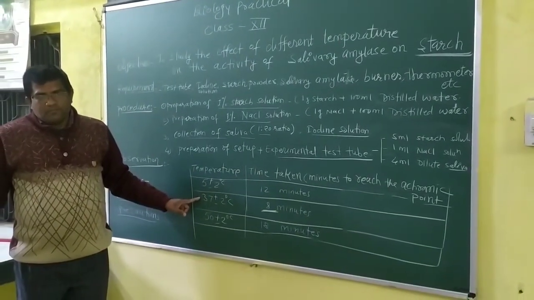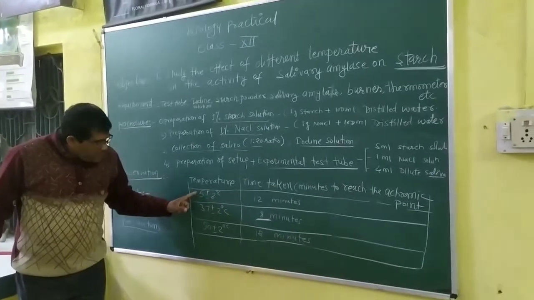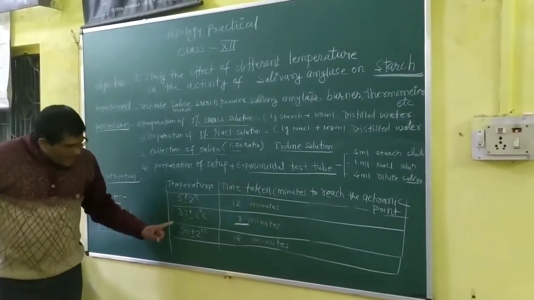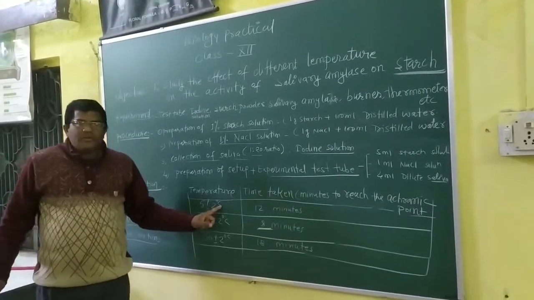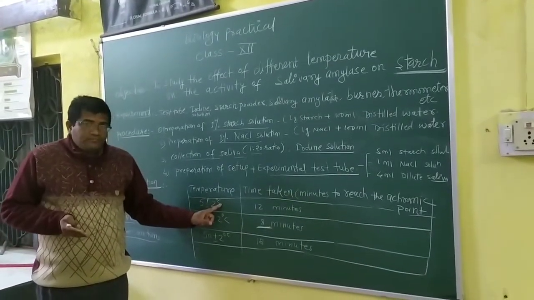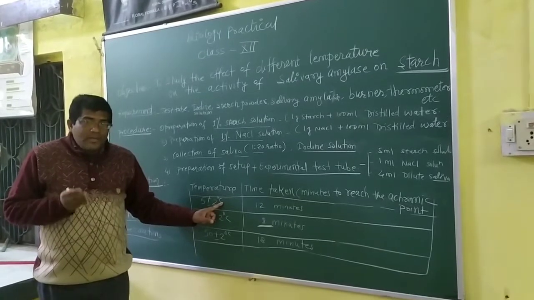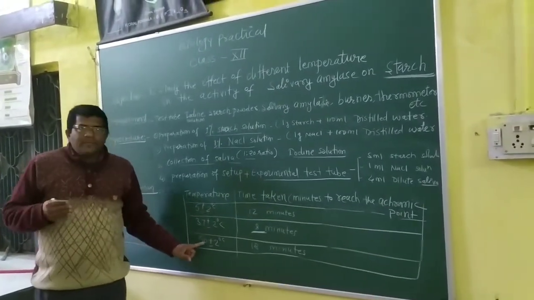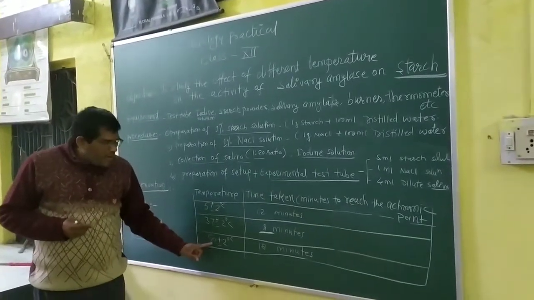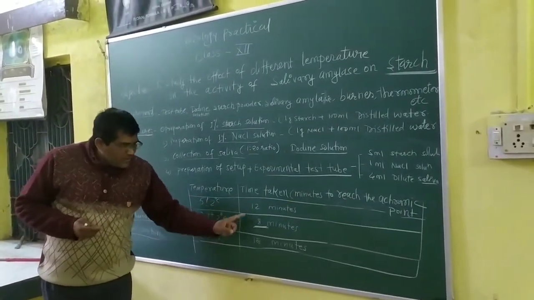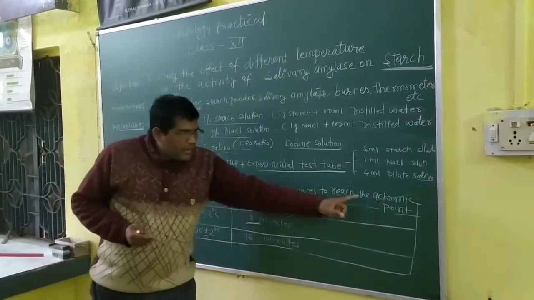But if low temperature is there and high temperature is there, in such cases, at low temperature the enzyme gets inactive, deactivated, and at high temperature the enzyme gets denatured, and that's why more time is taken to reach the achromic point.